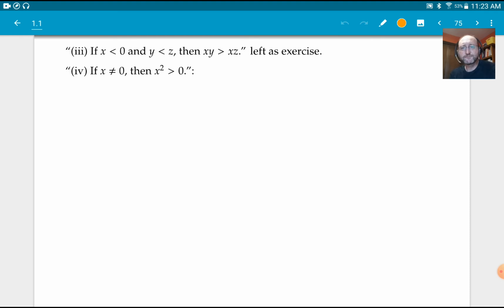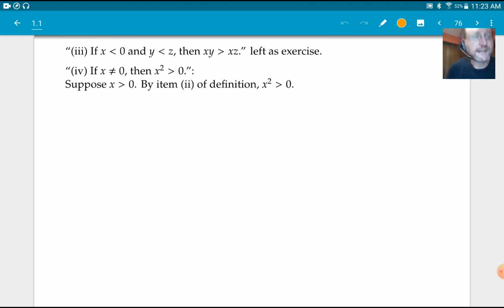Let's look at the claim that x squared is positive. So first, suppose x is bigger than 0, x is positive. If I take x squared, it's multiplying two positive numbers, so x squared is positive, just by the definition of an ordered field.